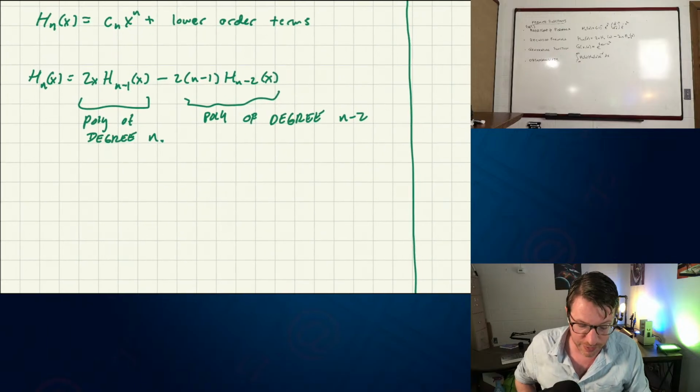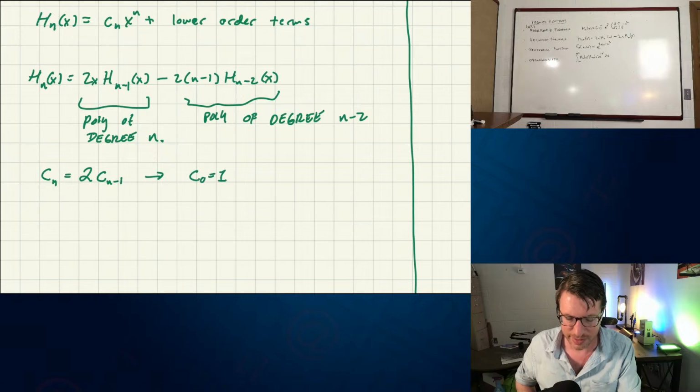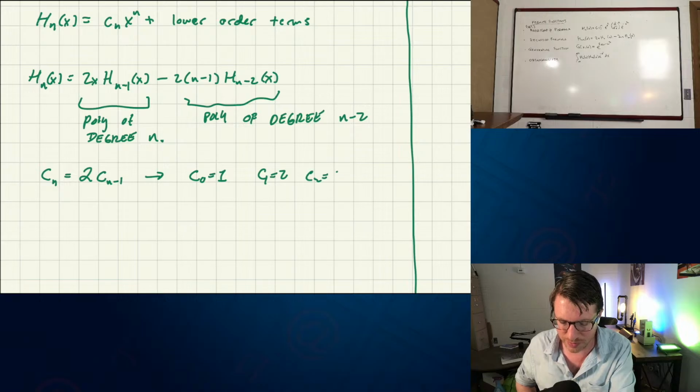And the only difference between Hn minus 1 and Hn is just multiplying that lead coefficient by 2. So we get this recursion formula: cn is equal to 2 times cn minus 1. And we know that c0 is equal to 1, and hence c1 is equal to 2, c2 is equal to 4, and cn is equal to 2 to the n.